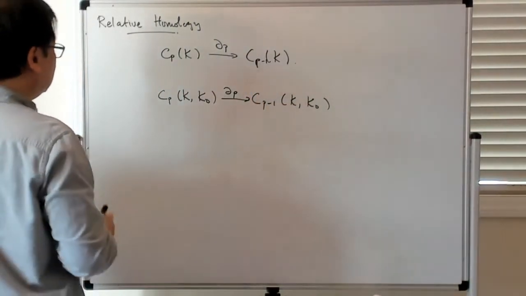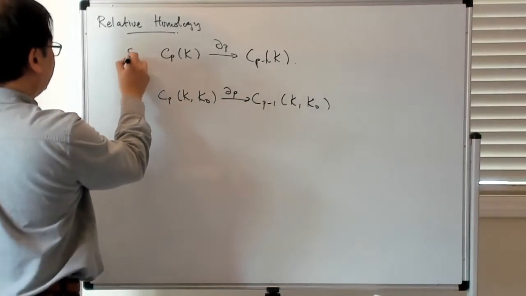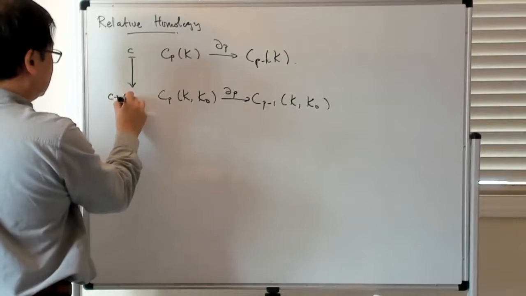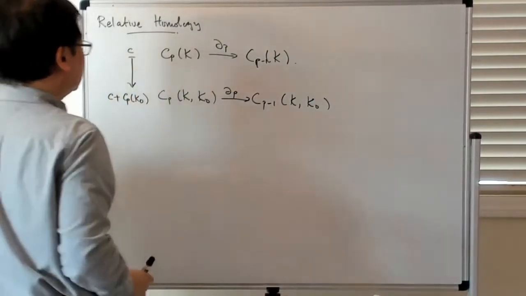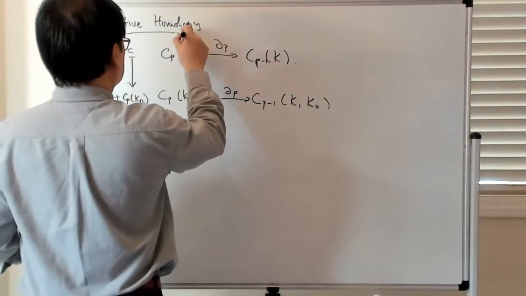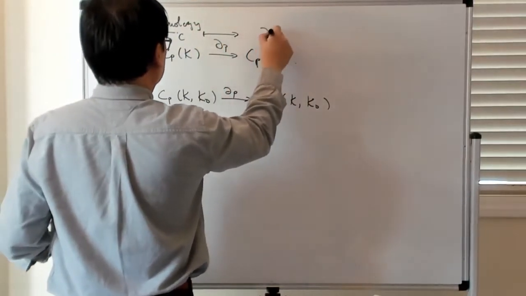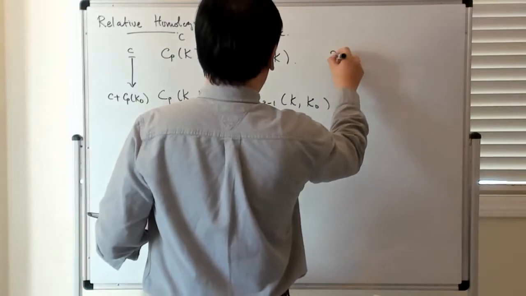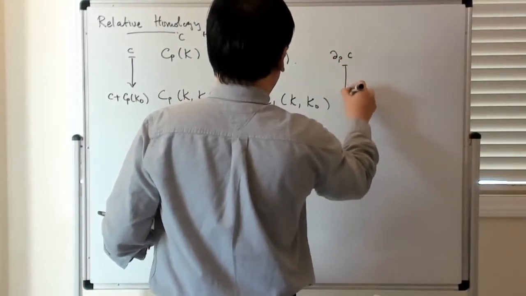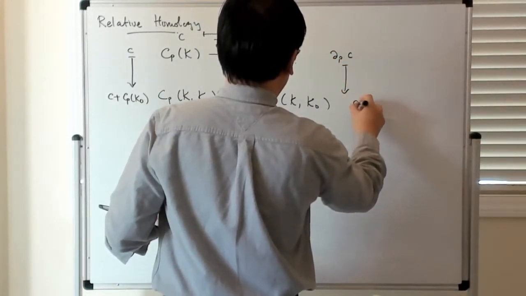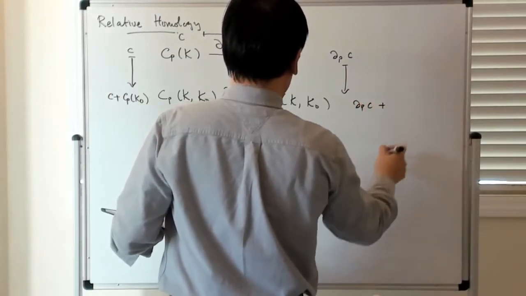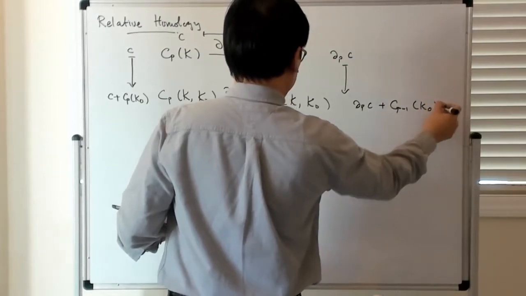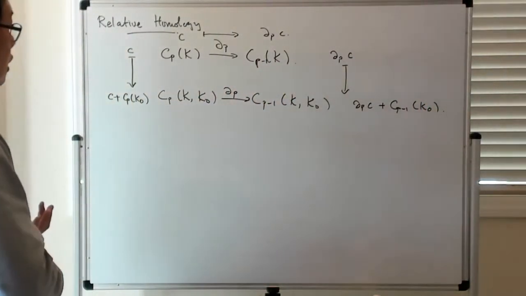So we know that if you have a map, c maps to c + C_p(K0), and then c maps to the boundary of c, and the boundary of c maps to the boundary of c + C_{p-1}(K0).